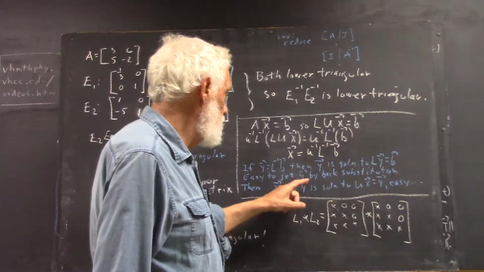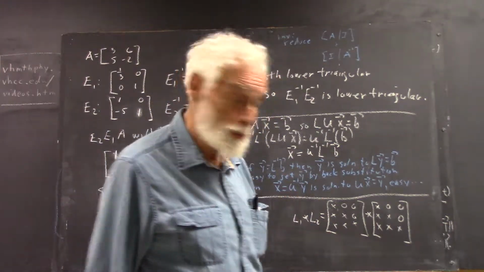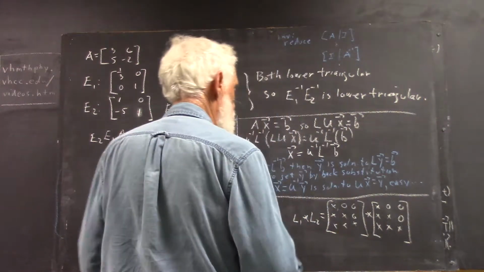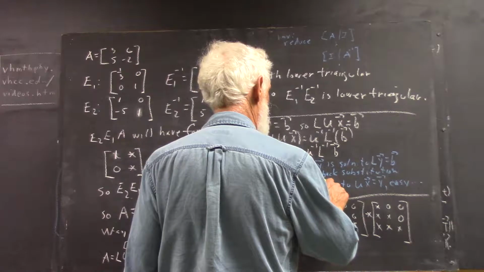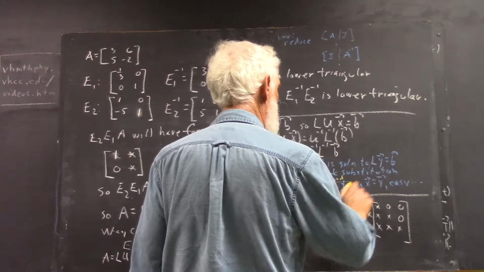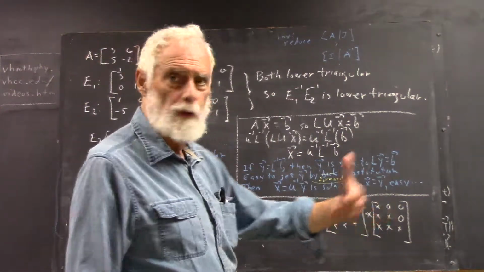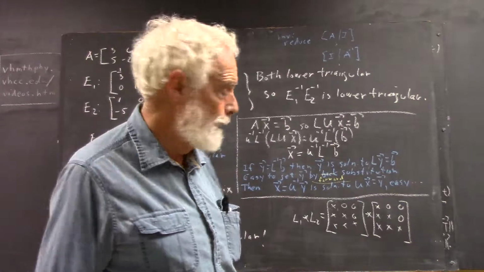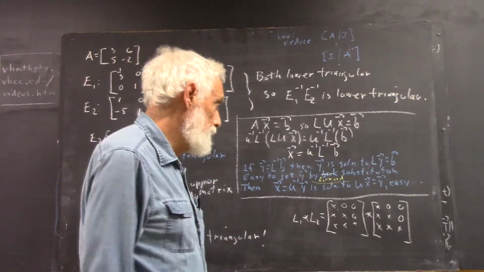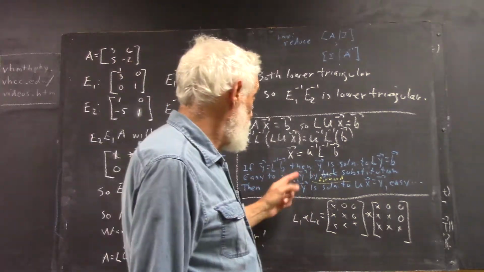So it's going to be easy to get Y by, and I wrote back substitution, it's forward substitution. Back substitution and forward substitution feel exactly the same. They look just slightly different, but the process is pretty much conceptually identical. Okay, well anyhow, so it's easy to get Y.